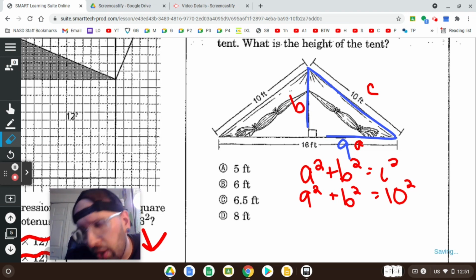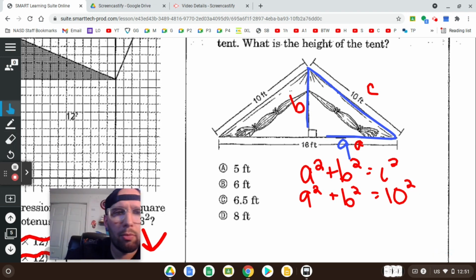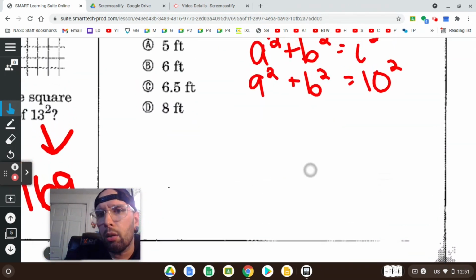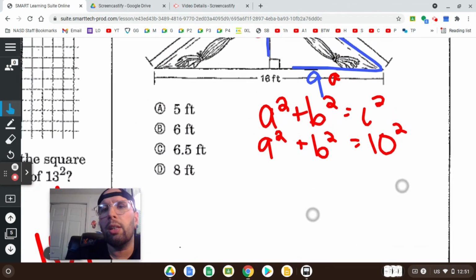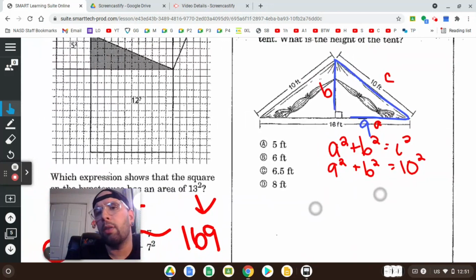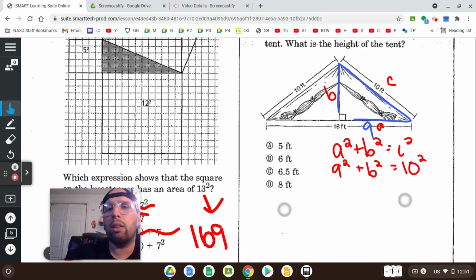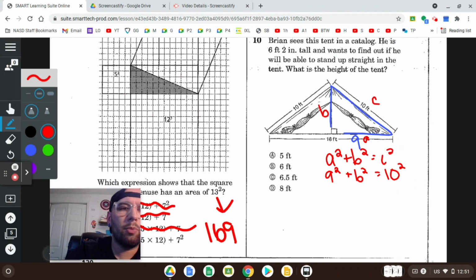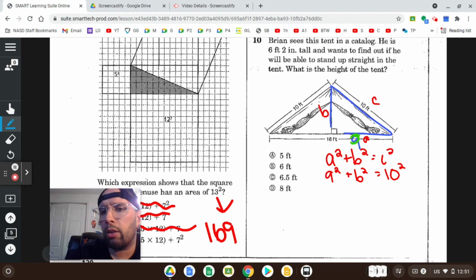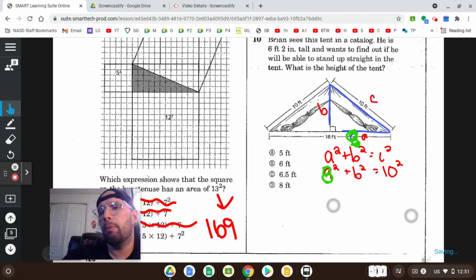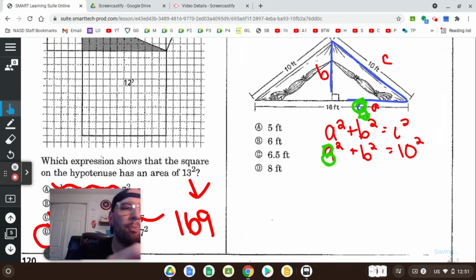I think that's 16, so I have to change it. It looked like 16, or 18. So it's actually 8. All right, sorry. 8 squared is 64.